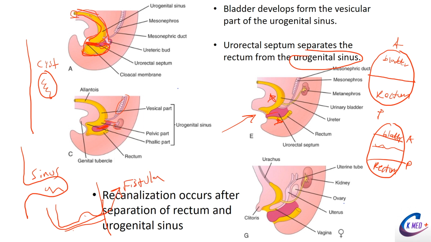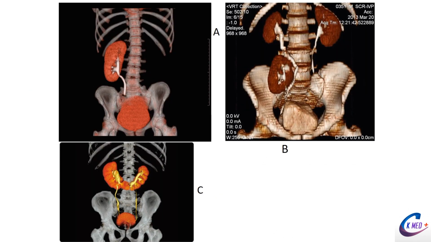From that we form and stick to our blastema that we were talking about, make our kidneys, and that's attached to the bladder, just like our ureter, which is this yellow structure down here. And then we can urinate out the urethra, and the rectum is divided from it and can poop out that way.